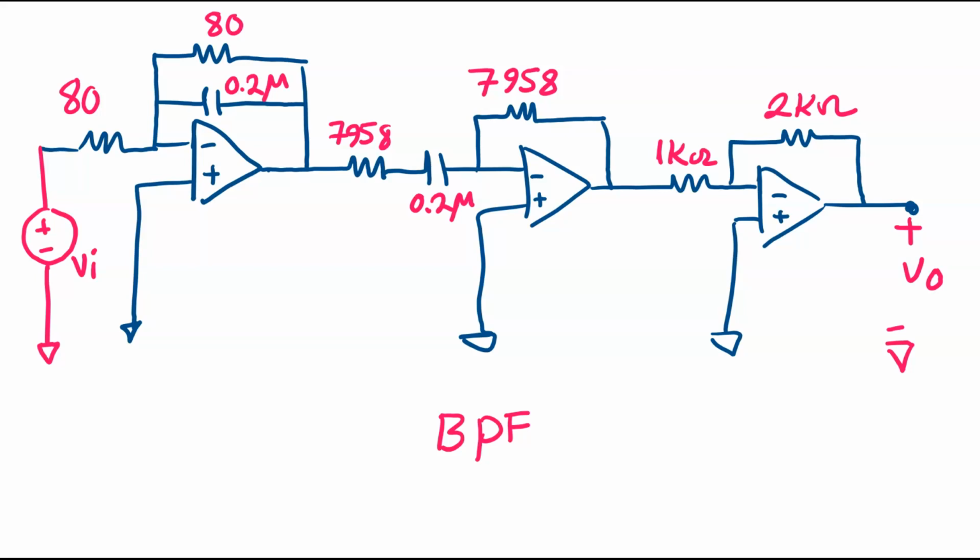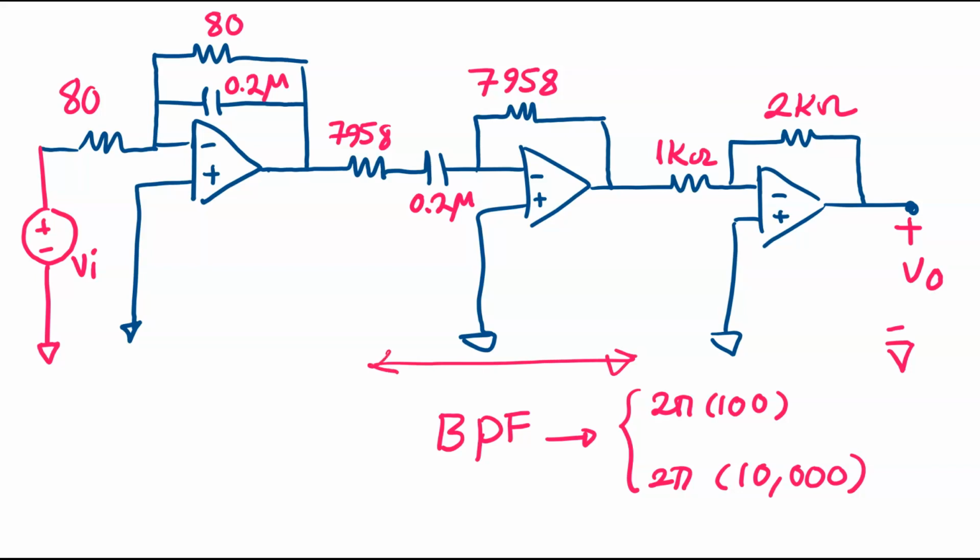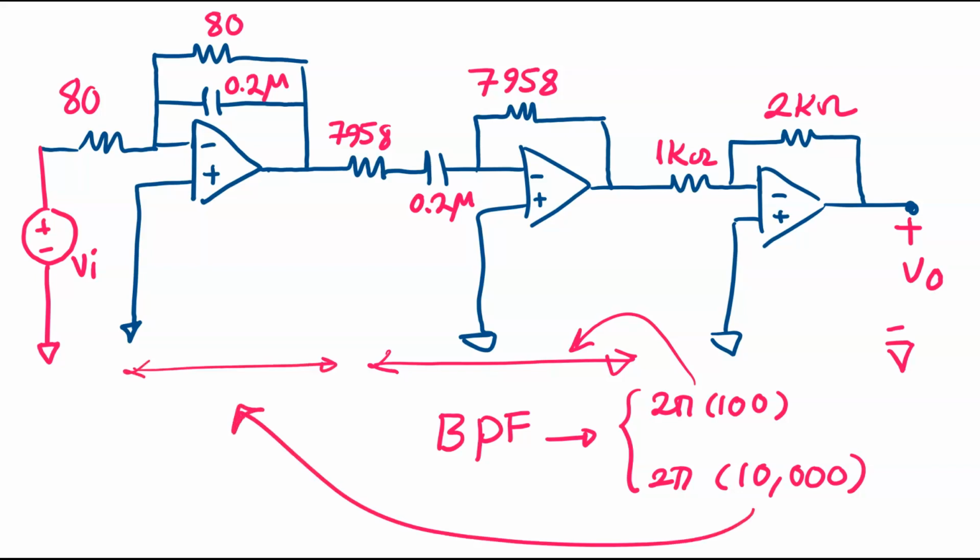So here I have a bandpass filter, and this bandpass filter is broadband because its cutoff frequencies are equal to 2 pi multiplied by 100 and 2 pi multiplied by 10,000. So they are widely separated, and that's why I can assume that the lower value should be the value of the cutoff frequency of my high pass filter, and the greater one is supposed to be the cutoff frequency of my low pass filter.